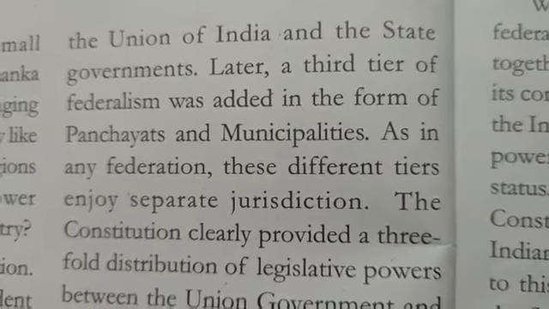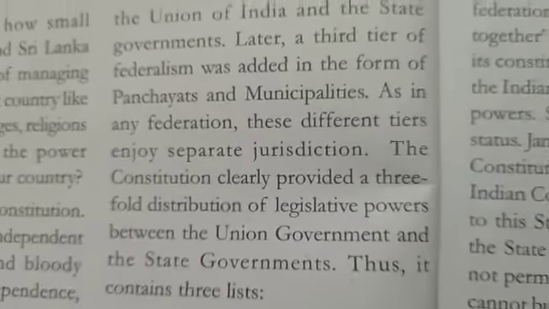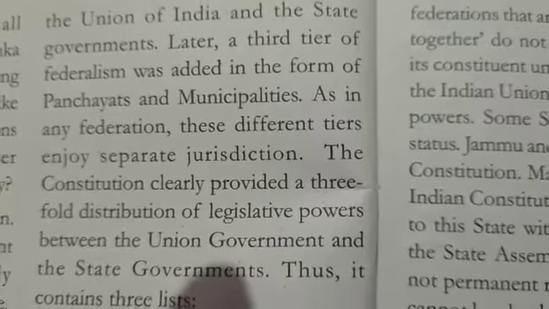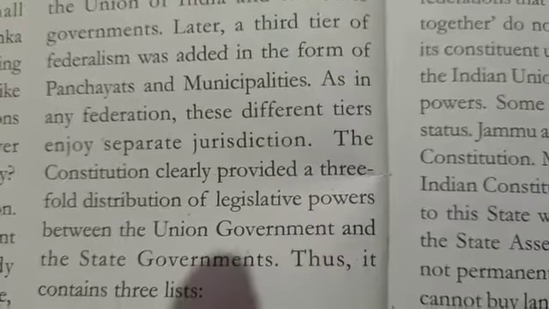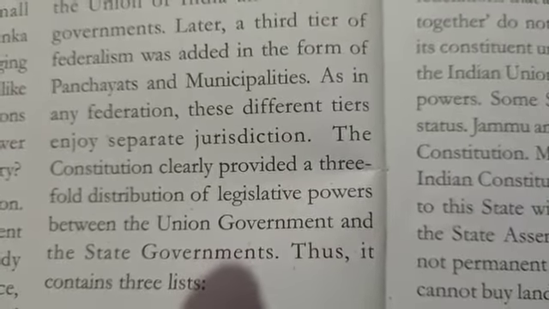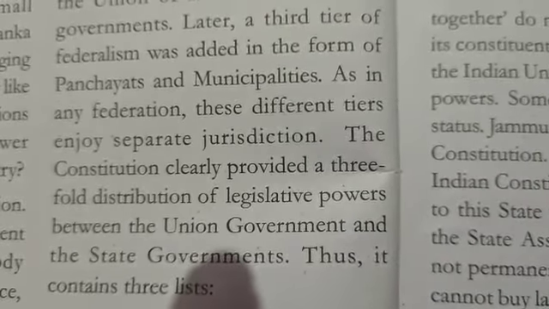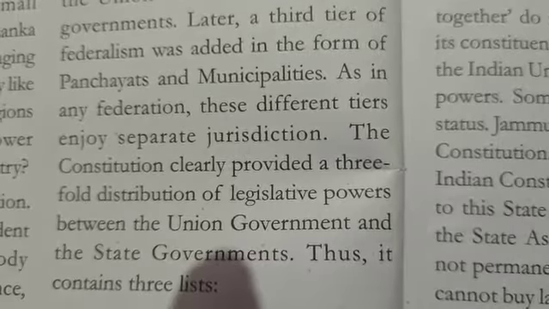The constitution clearly provides a threefold distribution of legislative powers between the union government and state governments. It is contained in three lists: the union list, the state list, and the concurrent list. What is the union list?